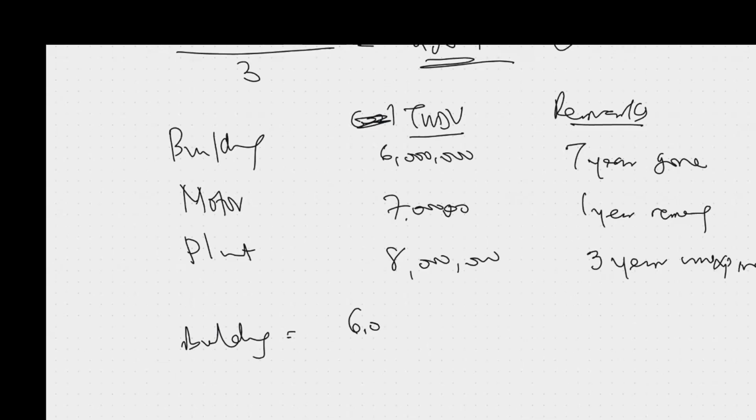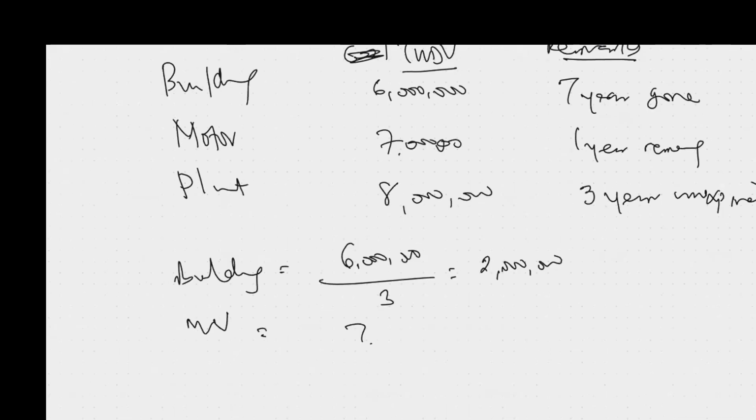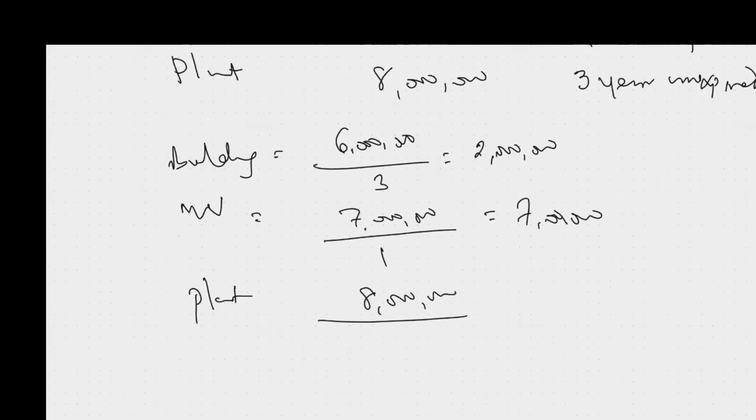For motor vehicle, they said 7 million, 1 year remaining. That means divided by 1. And we have 7 million as my annual allowance. The last one, plants, they said 3 years unexpired. That means 3 years remaining. Divided by 3 years. Let's say this one is 9 million. So we have the 3 million.